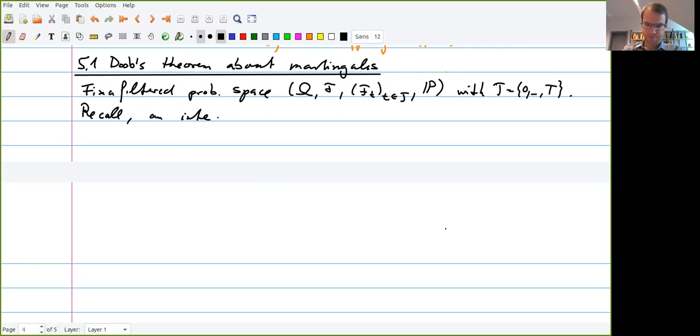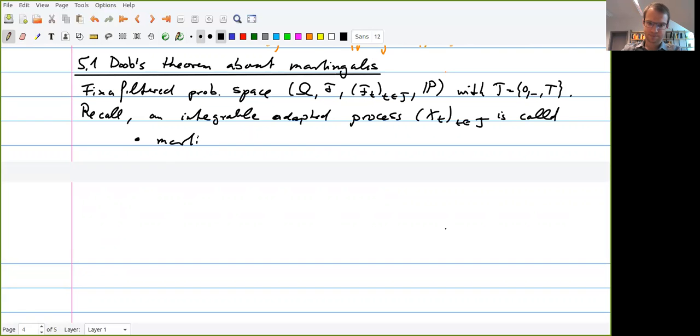An integrable adapted process X indexed by T is called a martingale if the conditional expectation of X_t given F_s is X_s.